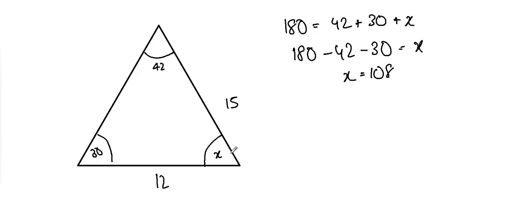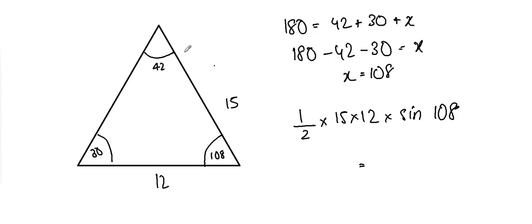So we have the value of this angle x, which is 108. So we have this angle and we have its two corresponding sides. What's stopping us from applying this formula? 1 over 2 multiplied by 15 multiplied by 12 multiplied by sine of 108. Quickly tell me what is going to be the answer.